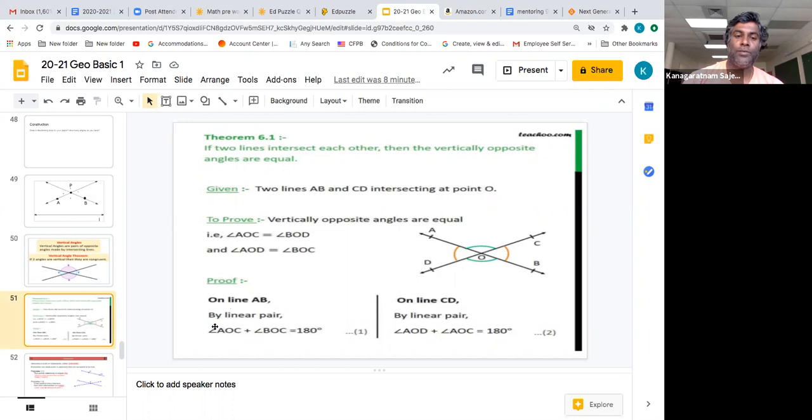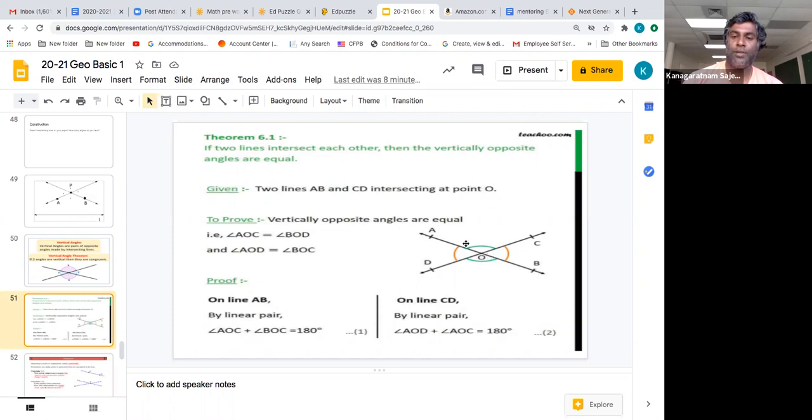The proof is by linear pair. What does that mean? If you have two angles and they make 180 degrees, that's called a linear pair. So AOC plus BOC is equal to 180 because of this line.